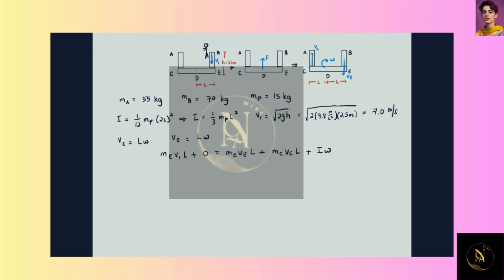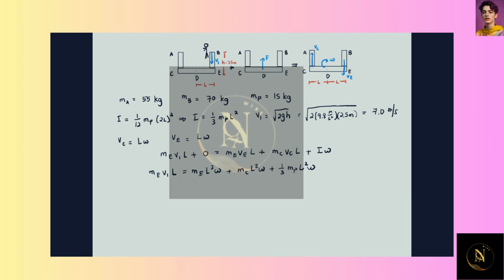Substituting our expressions for VC, VE, and I, which we have written earlier, this will become ME V1 L equals ME L squared omega plus MC L squared omega plus 1/3 MP L squared omega.